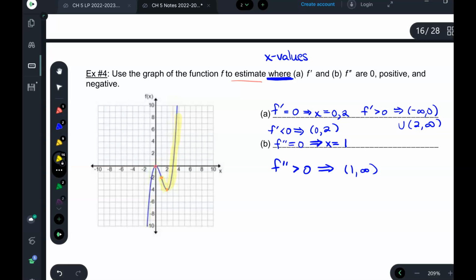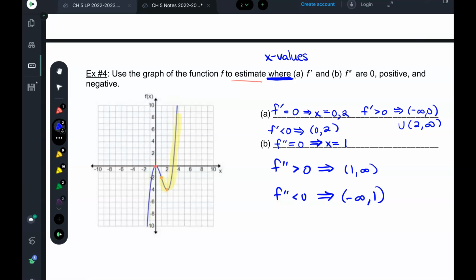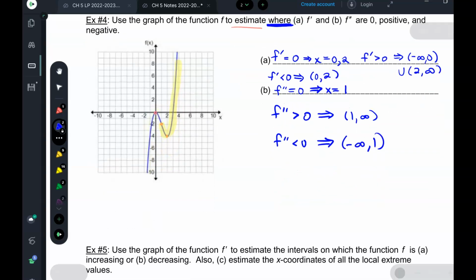The x values are always going to stay consistent between the original graph, the derivative, and the second derivative. So now where is the second derivative less than 0? From negative infinity to 1. Right? If we just take the midpoint of the max. Exactly.